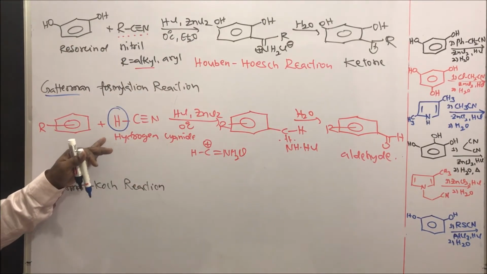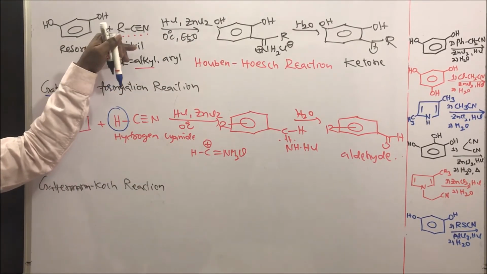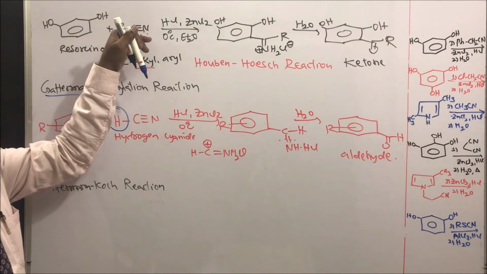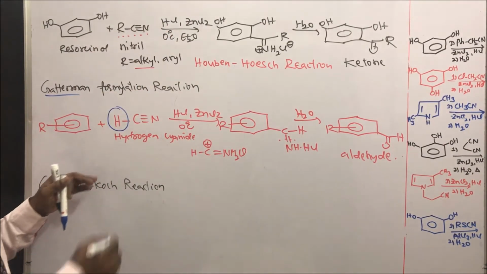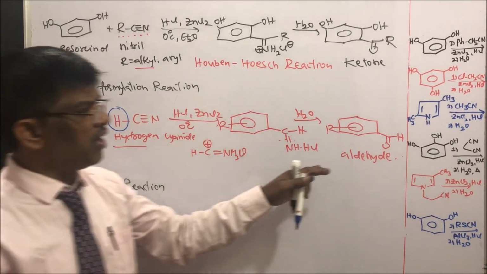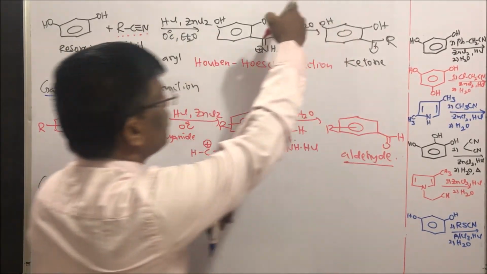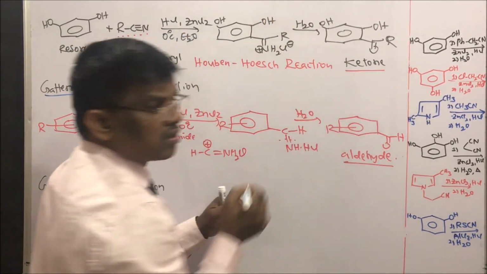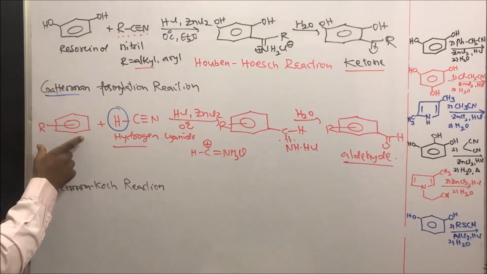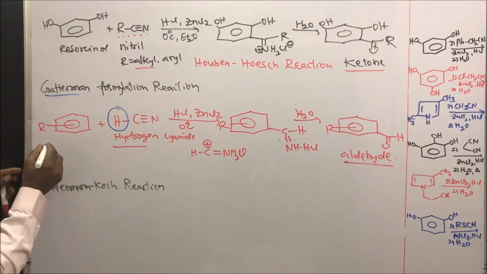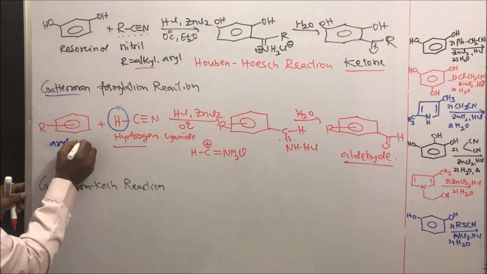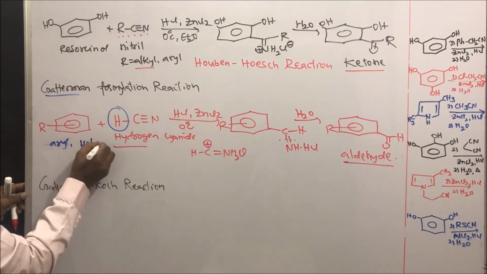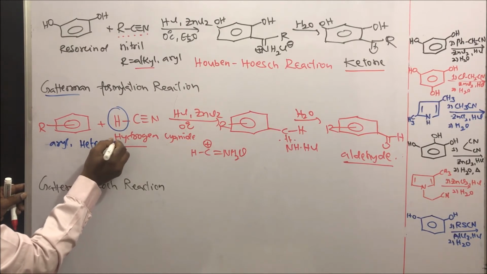The difference is hydrogen cyanide. Here we are using, for example, acetonitrile or benzyl acetonitrile, like that. Here if we use hydrogen cyanide, we are going to get aldehydes. In Houben-Hoesch reaction, we are getting ketones. So the importance of this reaction is, you can do aryl, all substituted aryl compounds or heterocyclic compounds also undergo this formylation.